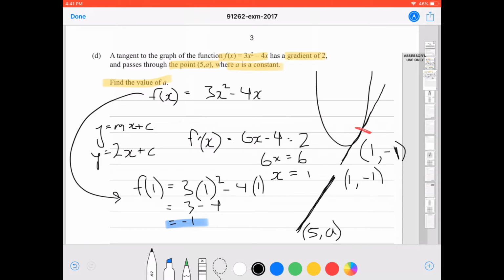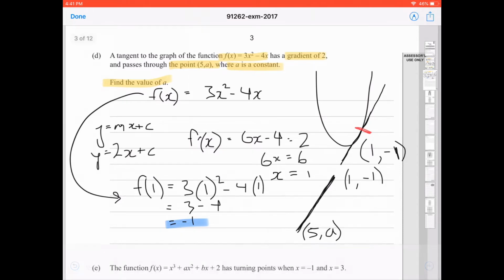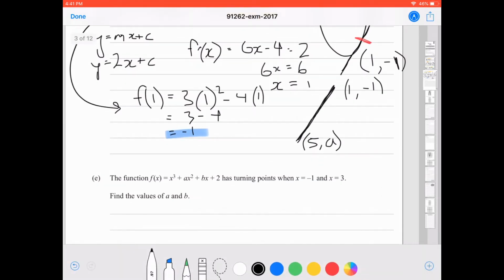So what is our gradient? So how much room have we got here? Okay, let's just do it at the bottom here. So we know a gradient is equal to rise over run, right? So change in y over change in x. And so in this case, what does that equal?